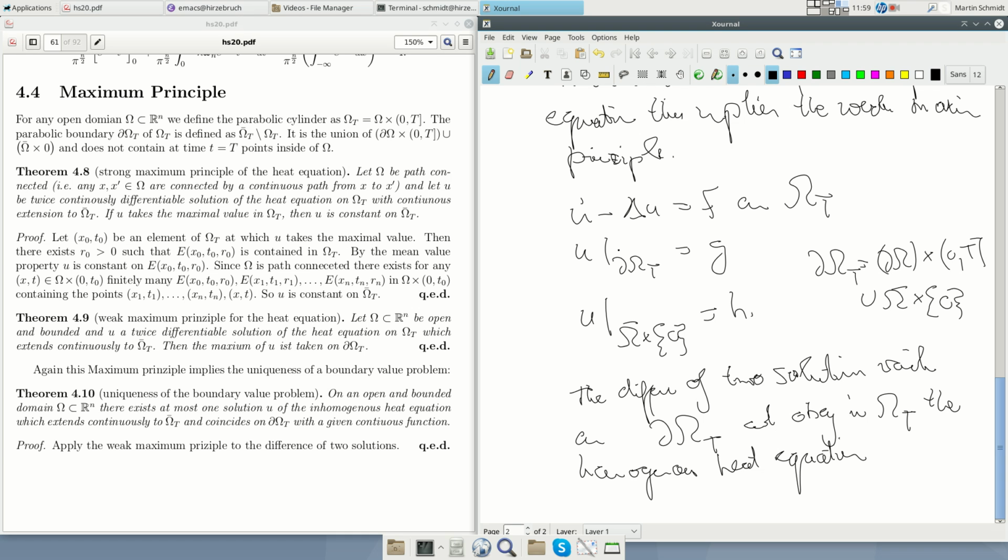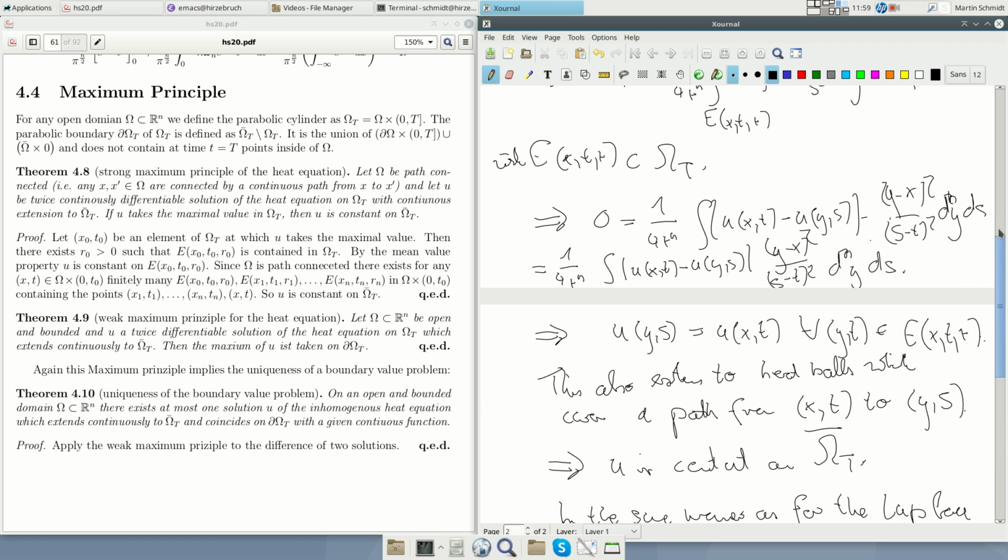So this means we should assume that instead of this, we give the value on the boundary of omega. Here we usually write this as boundary of omega times (0,T), and there we call the given value G because it's the boundary value of the domain omega.